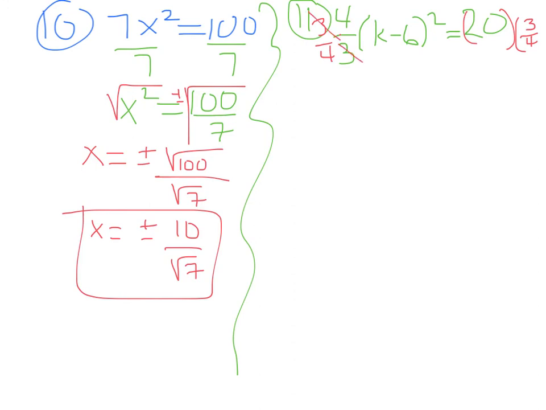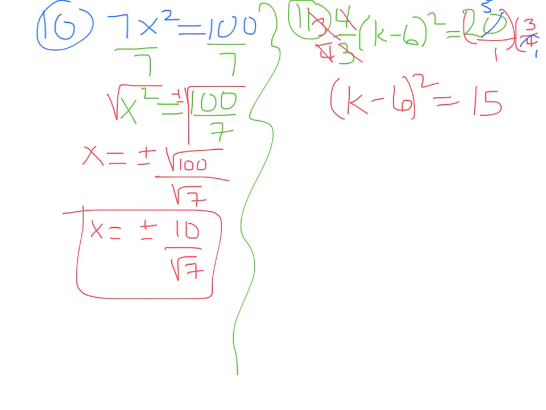So the 3 and the 3 are going to cancel out. The 4 and the 4 are going to cancel out. We're just left with 1 times k minus 6 squared. And on the right-hand side, I would recommend you cross-cancel some things. So the 20 and the 4 can cancel to 5 and 1. So we're just going to be left with equals 15.